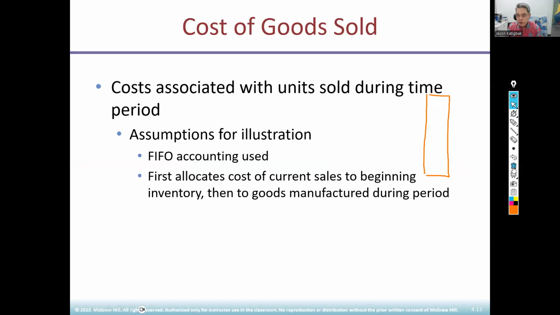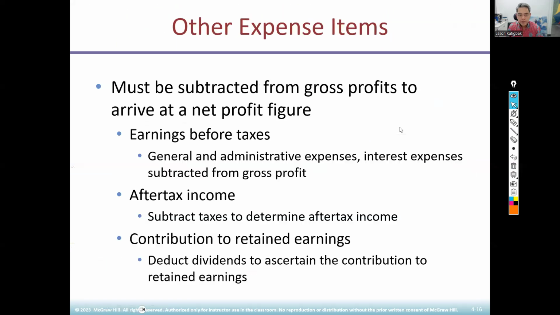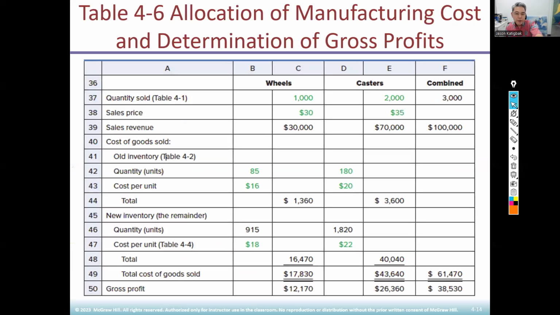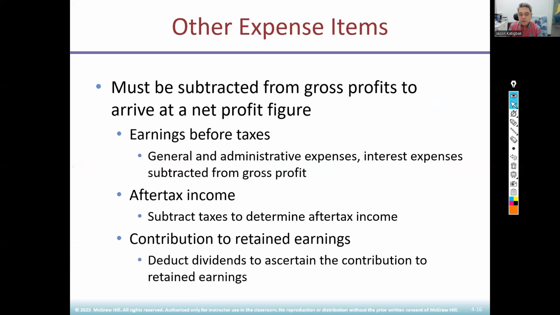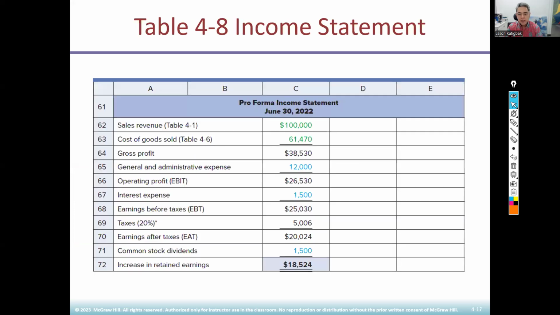So on the PowerPoint, let me delete that one for now. It's basically the same, right? Like we have the same 61,000, but I presented it in a different manner. You can still use the PowerPoint slide. But at least now you can actually figure out the formula by going back.